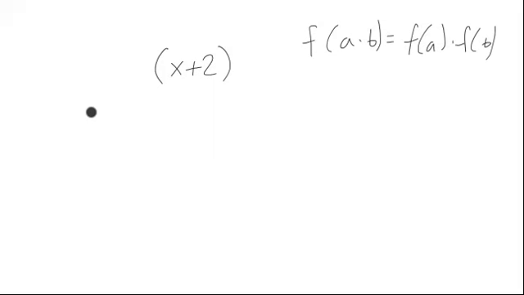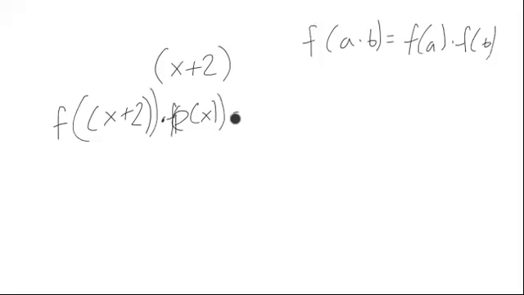Well, if we take x plus 2, let's just think about this for a minute. If we had x plus 2 times some other polynomial p of x, and we want to preserve the operation, that means f of x plus 2 times p of x equals f of x plus 2 times f of p of x.